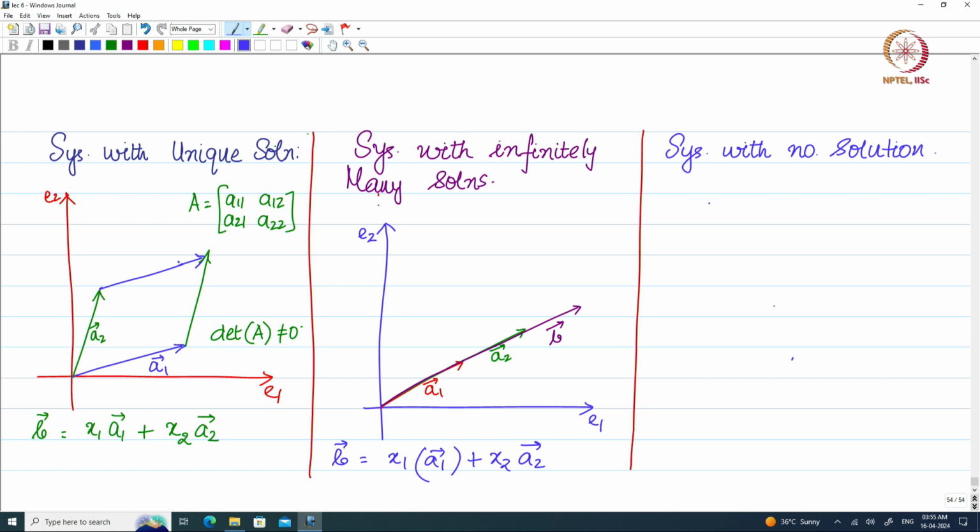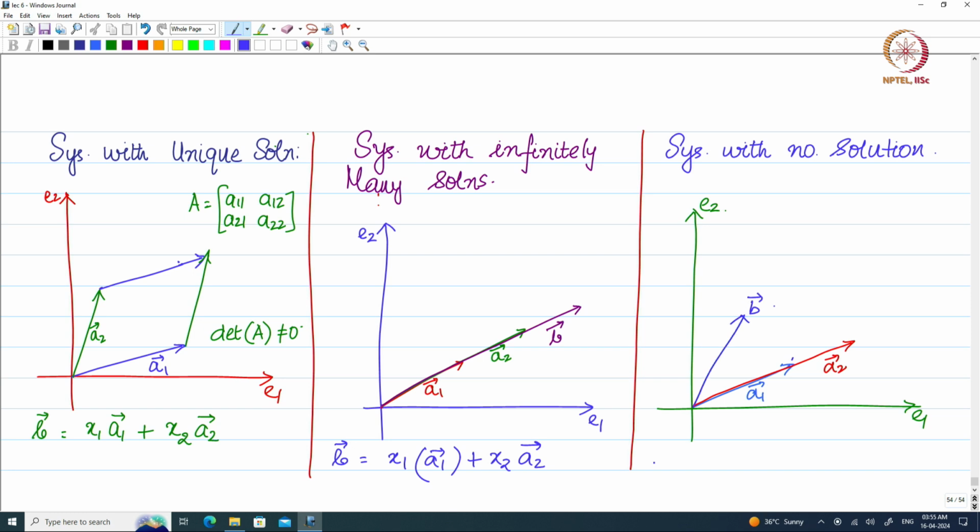So, how does a system with no solution look like? It is going to look like this: E1, E2, again we are looking at only 2D. Say I have A1 here and this is my A2 vector. However, my B vector is going to be somewhere out there. So, this is my vector B.